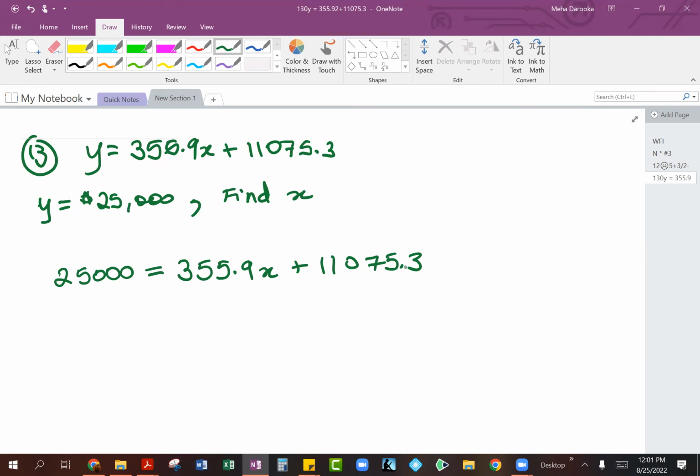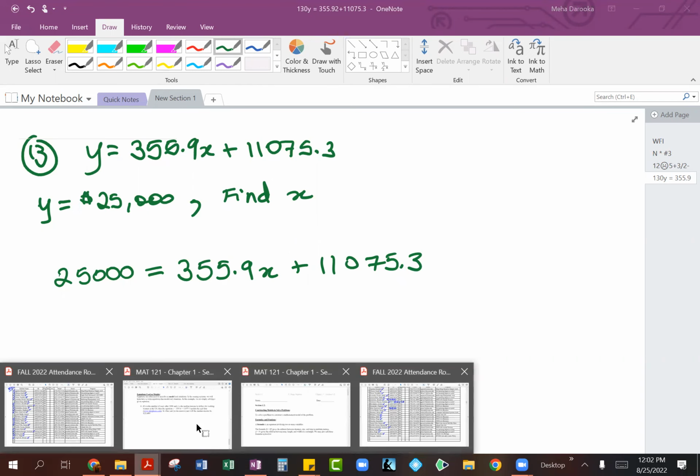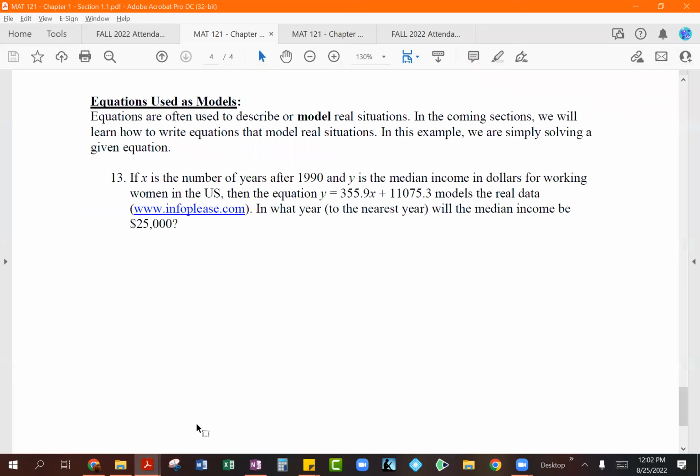So don't just give me the X value, tell me from 1990 what year you're landing in. Yes, 1990 is when the X begins.